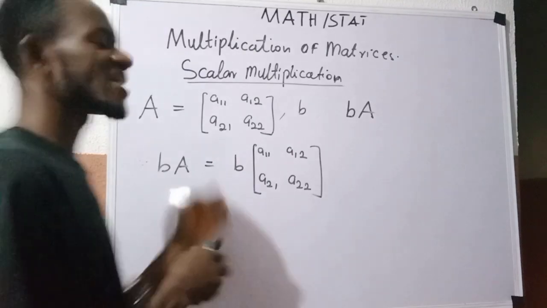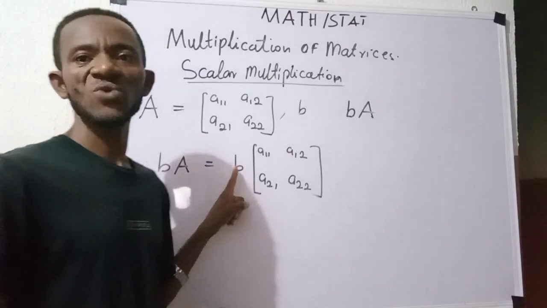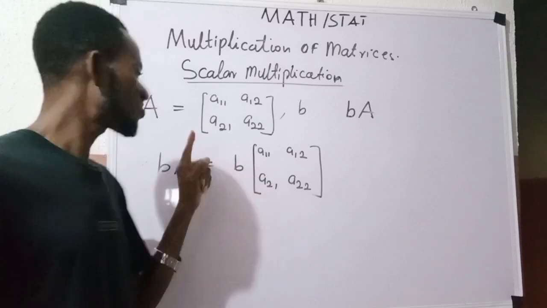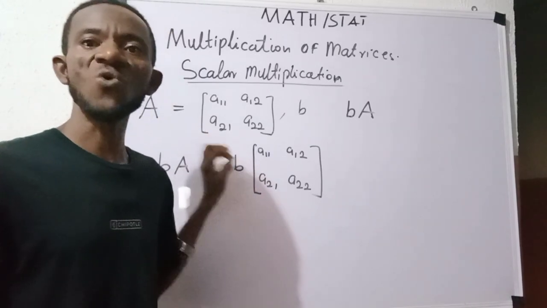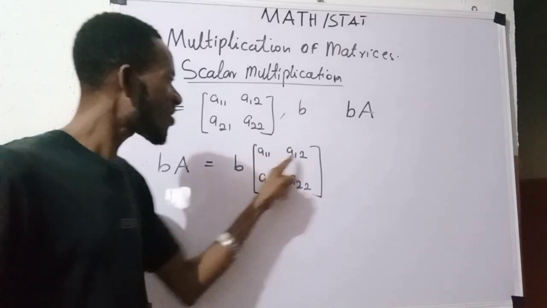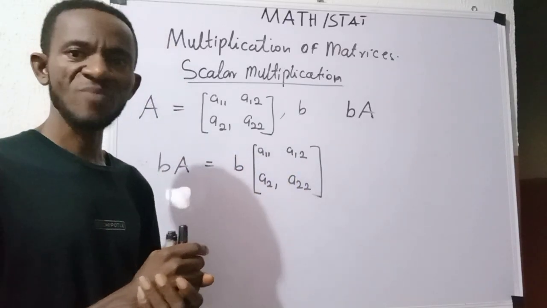In scalar multiplication, we use that number, whether a fraction, a decimal, or a whole number, to multiply all the entries of the matrix.